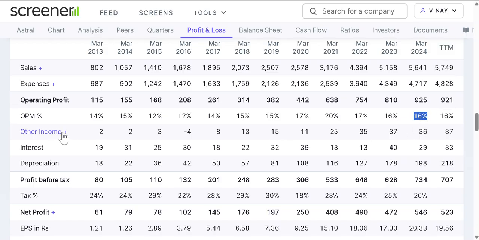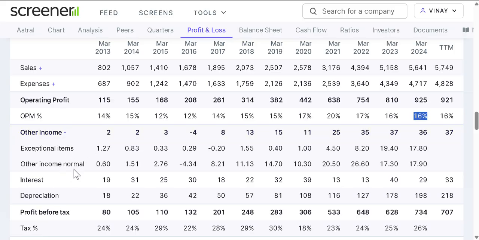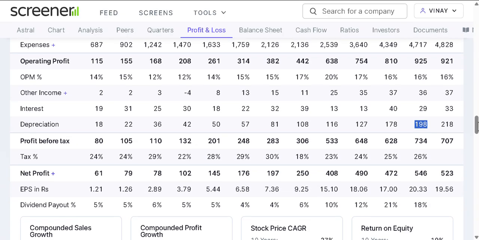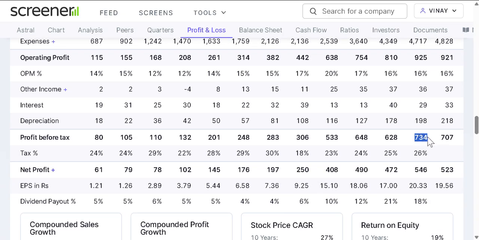Then other income, this includes exceptional items and all. Then interest on loans and depreciation of machinery is reduced. Now this becomes PBT, profit before tax. Okay, only interest and depreciation has been reduced. Now tax, generally 25% is a corporate tax, so more or less companies will be declaring this around 25%.